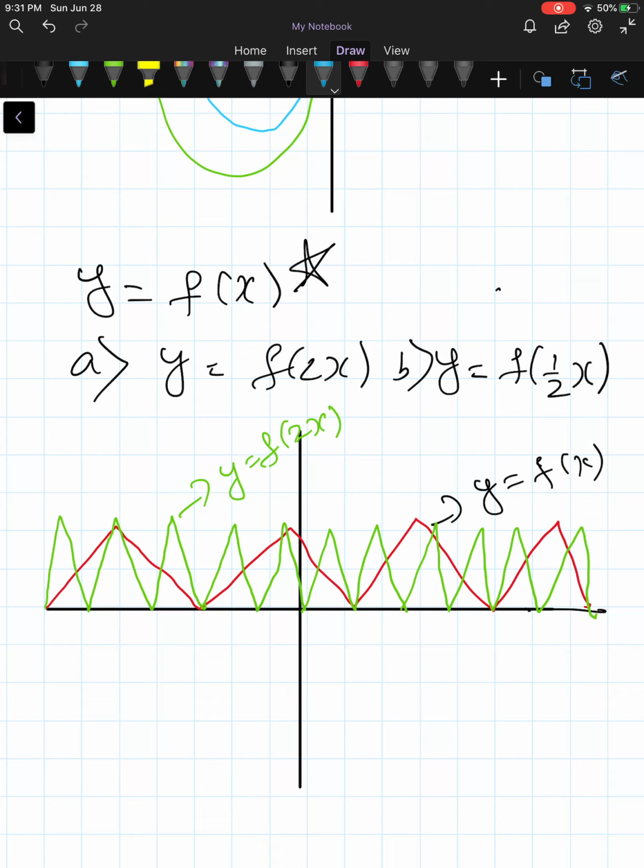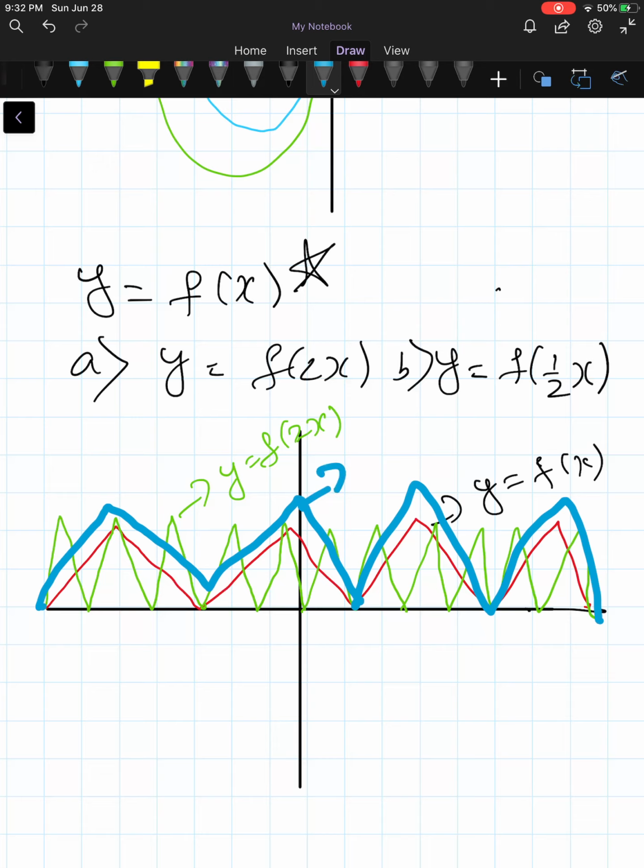So now applying the blue one, if you stretch it, the value looks like this. It should touch the x-axis. So that would be f of half x. So this is how you do the horizontal stretching and shrinking of graphs.